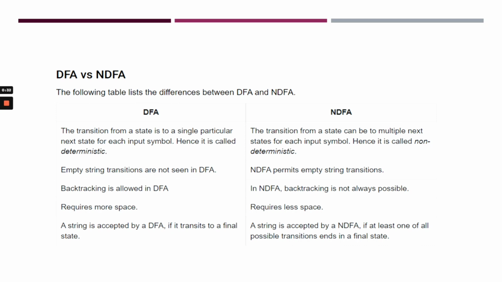Empty string transitions are not seen in DFA, but NFA can have empty strings. Backtracking is allowed in DFA, but backtracking is not allowed in NFA. DFA requires more space. NFA requires less space. A string is accepted by DFA if it transitions to a final state. A string is accepted by NFA if at least one of all possible states ends in the final state. This is all for this presentation.